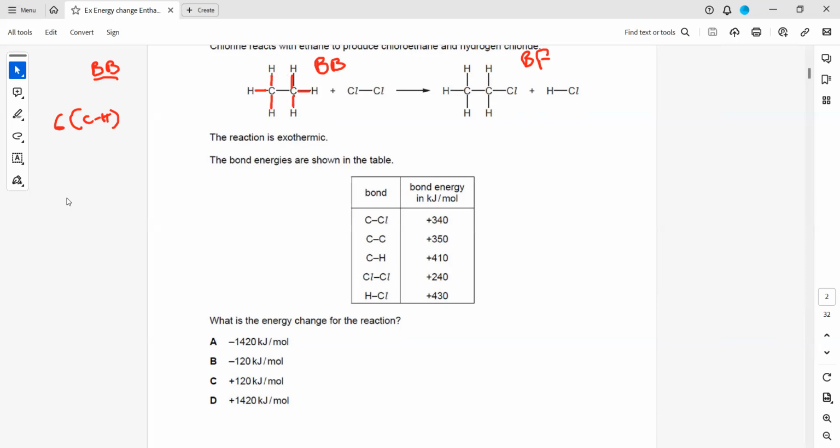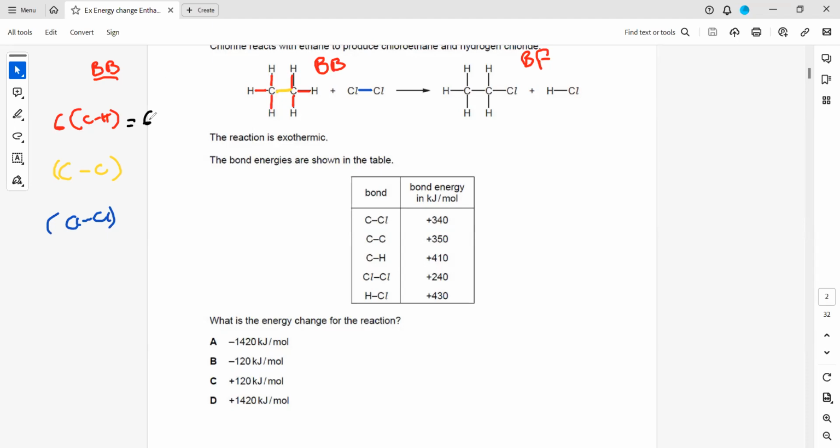Then there is one carbon and carbon bond, sorry, carbon and carbon bond, not carbon chlorine. And then there is one Cl-Cl bond. We just substitute the values and add them to get the bond breaking energy.